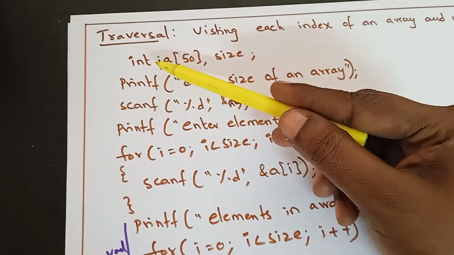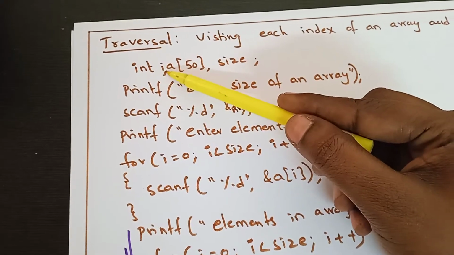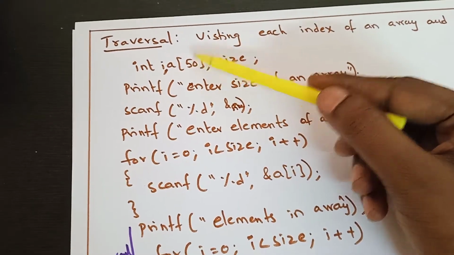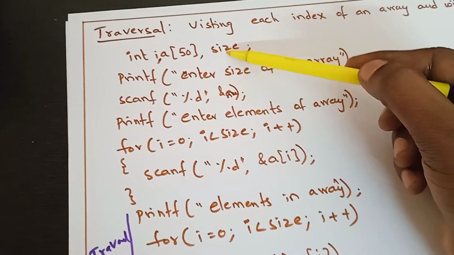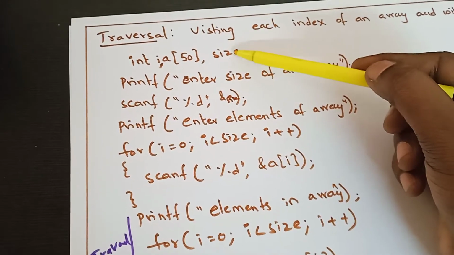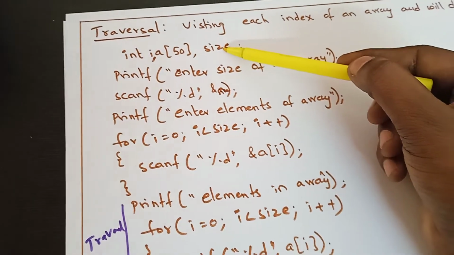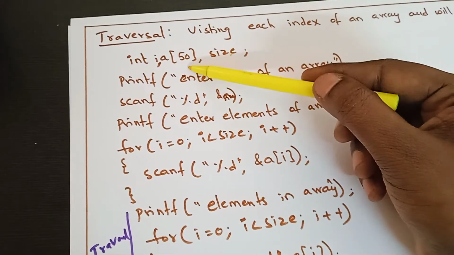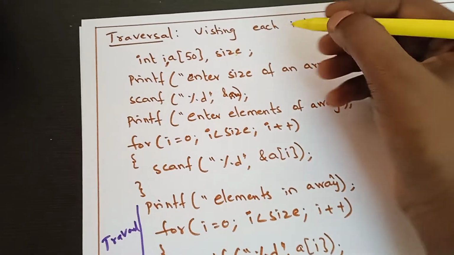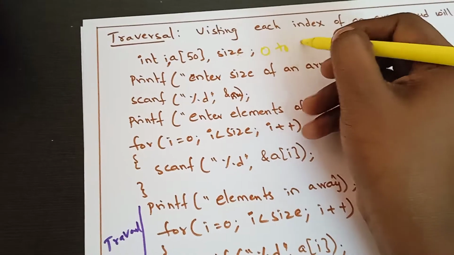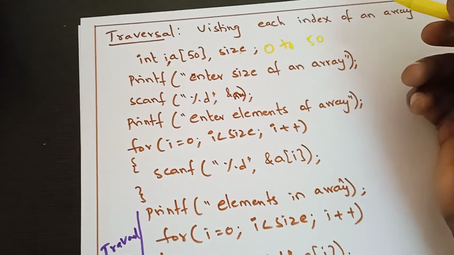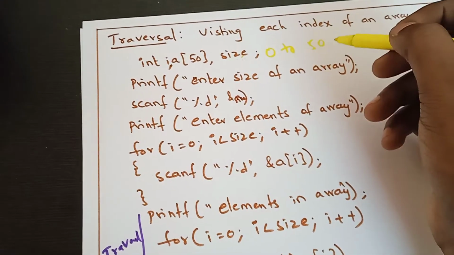Int is my data type, i is my variable, a of 50 is my array, size is my variable. The size is what I want to define. The maximum is 50, so this size should always be from 0 to 50. It should not cross 50, as this is the maximum size.